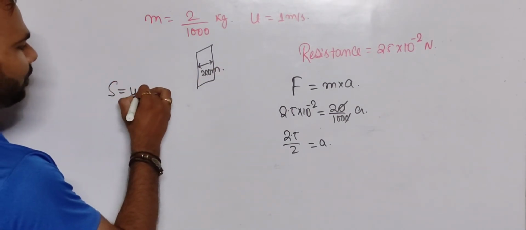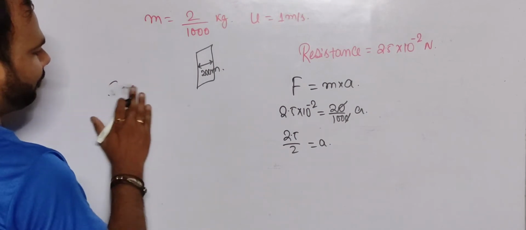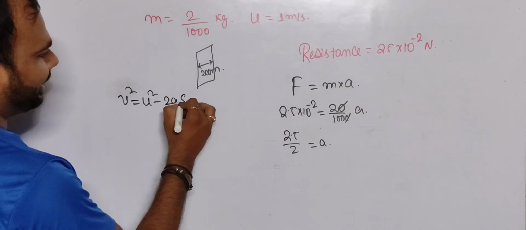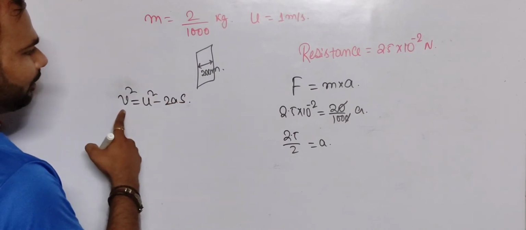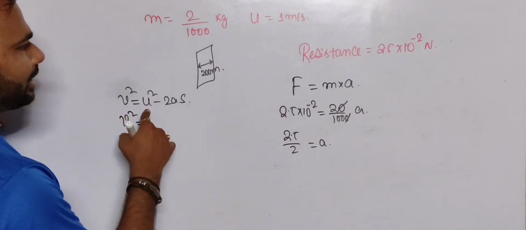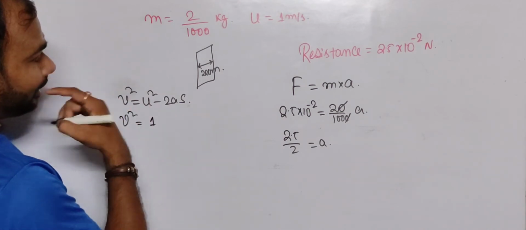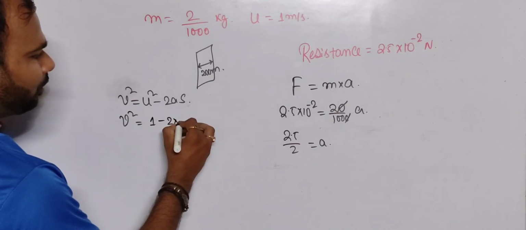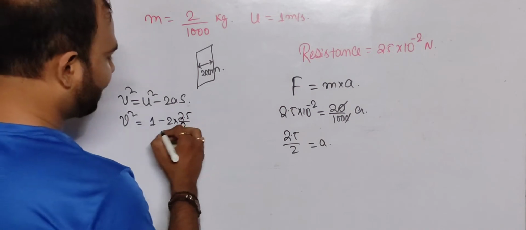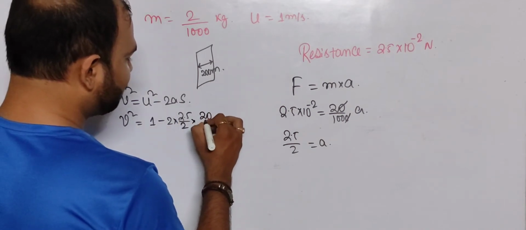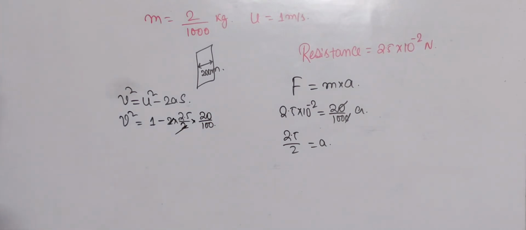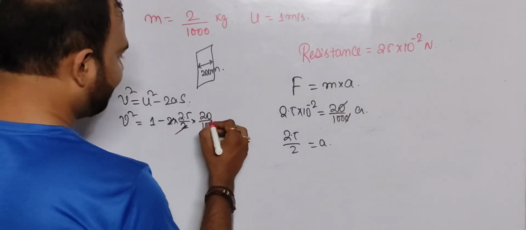S is equal to ut? No. V square equal to u square minus 2as. Can I use this? Final velocity I have to find. V square equal to initial velocity 1 meter per second squared minus 2 into 2.5 by 2, 20 centimeter, that is 20 by 100 meter, 2 gets cancelled out, 2.5 by 5.